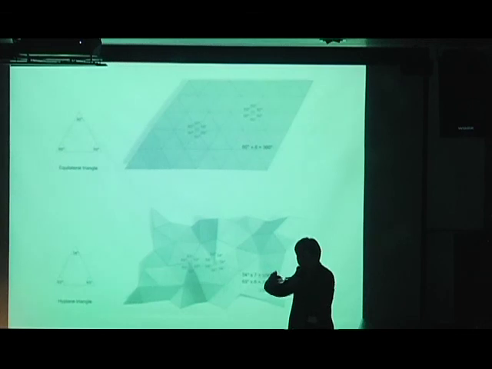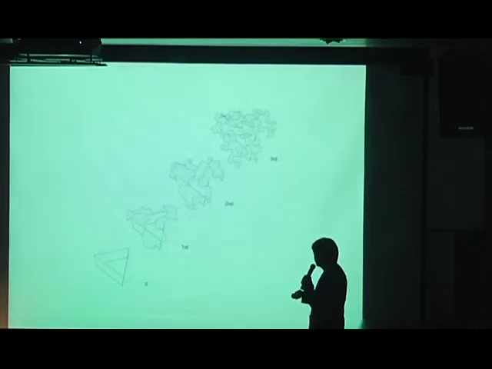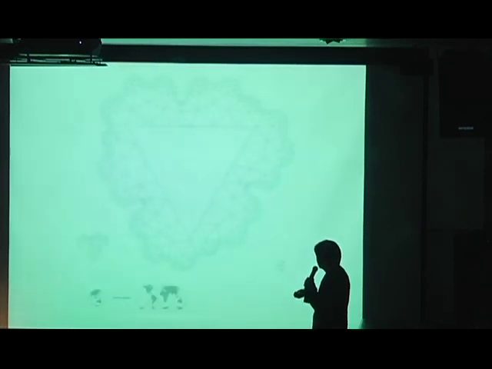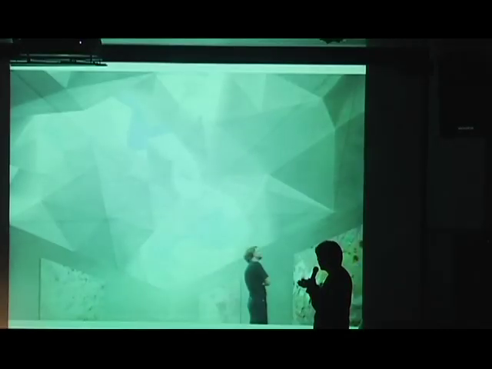So the surface naturally makes this kind of shape. With only the combination of the same triangular shape, we can create something like clouds. So we can have a space like this under the structure.